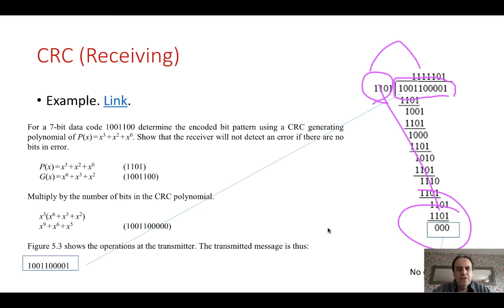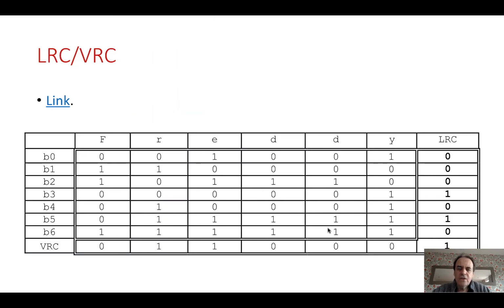Okay, so this is a CRC, and there are lots of different types of CRC that we can get. As long as the transmitter and the receiver know what the CRC polynomial is, then everything will be fine. Another method that we can use is what's called longitudinal and vertical redundancy check. So this is our normal parity that we add to our values.